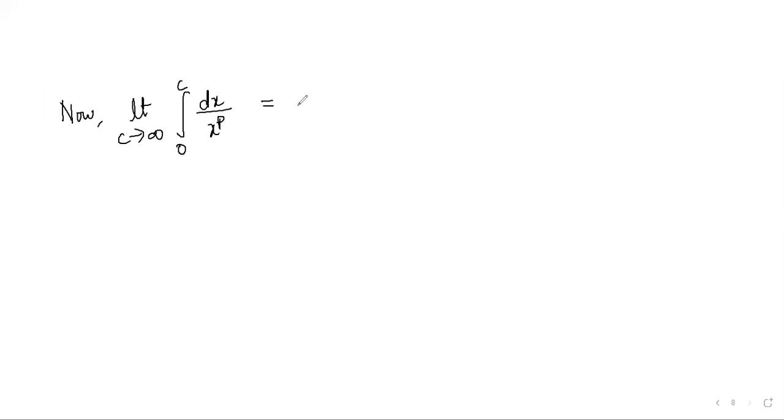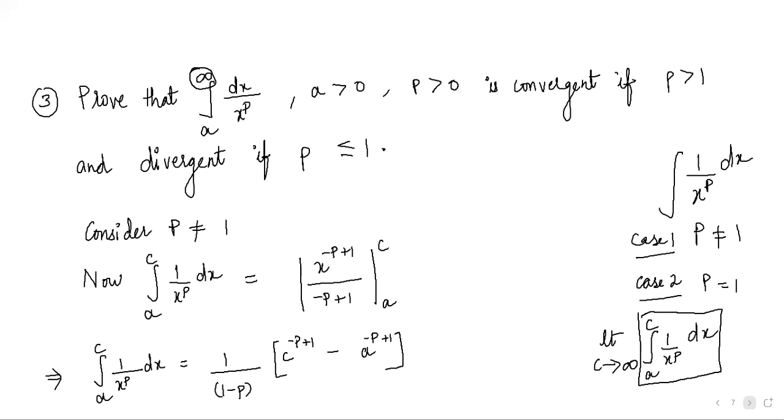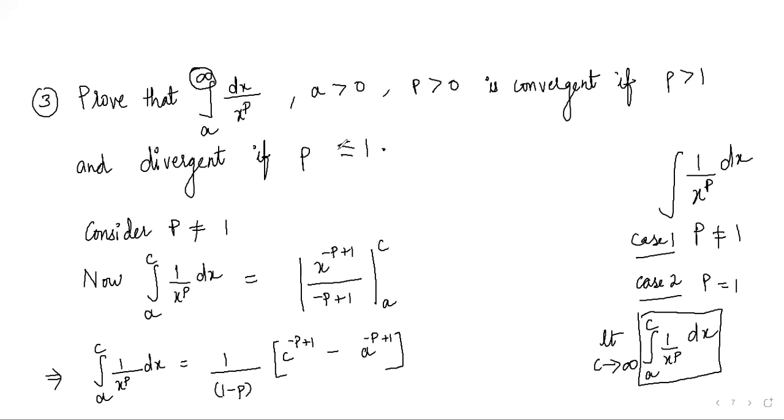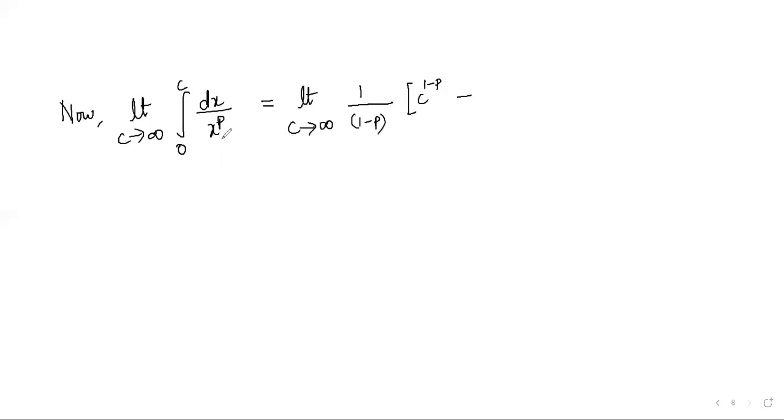This becomes the limit as c tends to infinity of 1 upon 1 minus p times c raised to power 1 minus p minus, here we have a, so let us correct it.